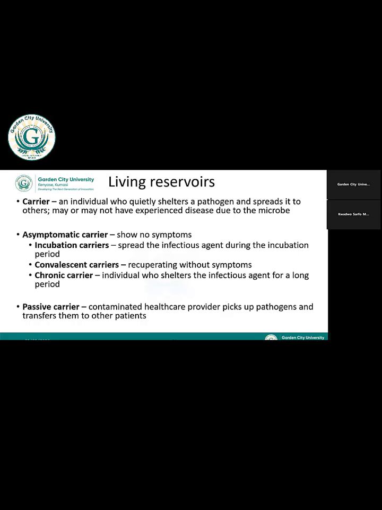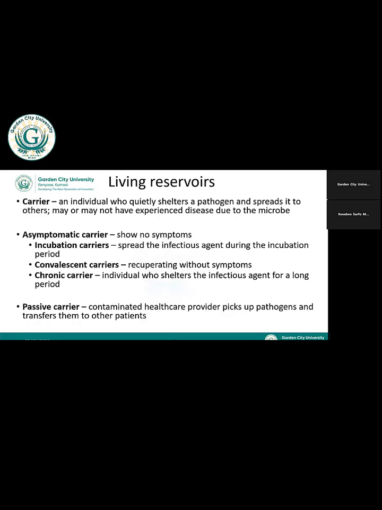So somebody is asking, can the carrier eventually become a reservoir? Yes, a carrier could become a reservoir if the object or the source actually infects the carrier and they multiply, they become chronic, and then that individual also shares the infectious agent.